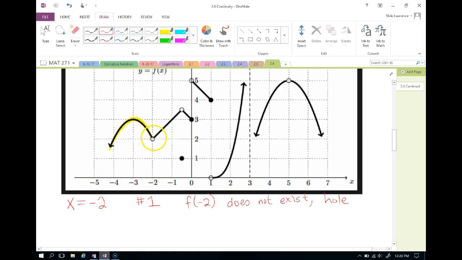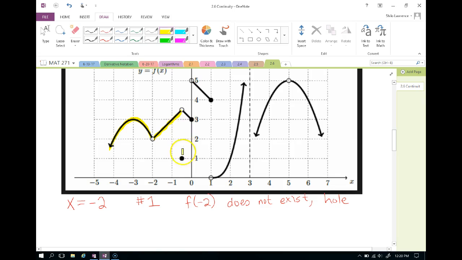So when we get to -2, we have to lift our pencil to jump across -2 to restart our graph. So that means there's a discontinuity at -2. So we jumped across -2, there's a problem there, and we keep drawing. Now this is a continuous piece because I can draw the whole thing without lifting my pencil.